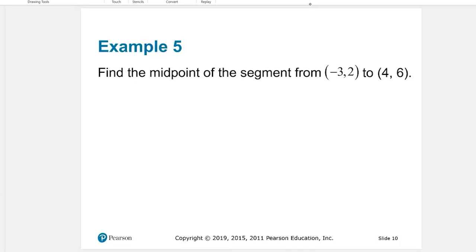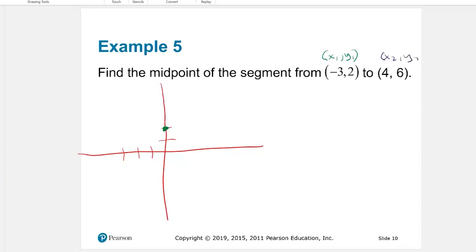It says find the midpoint of the segment from -3,2 to 4,6. And again, let me draw a picture instead of just using a formula. So -3, +2, and that's my first point. I'll call this point x1 comma y1. I'm going to call this point x2 comma y2.